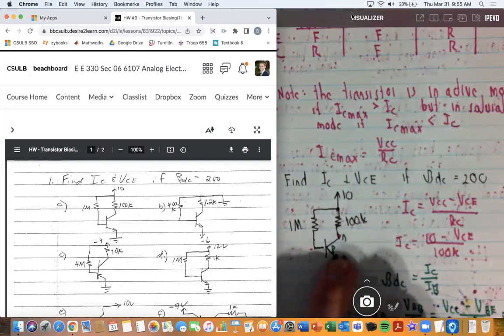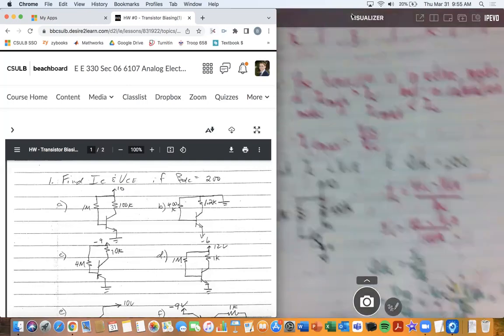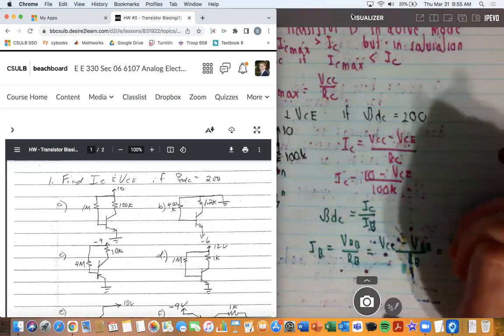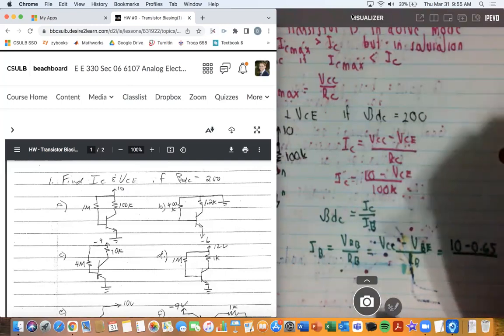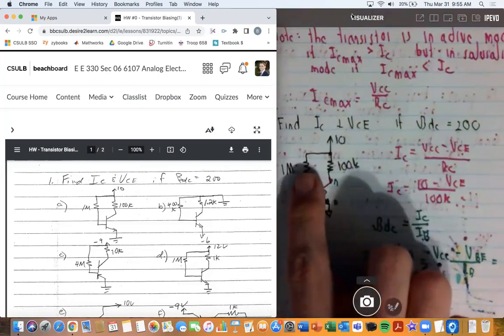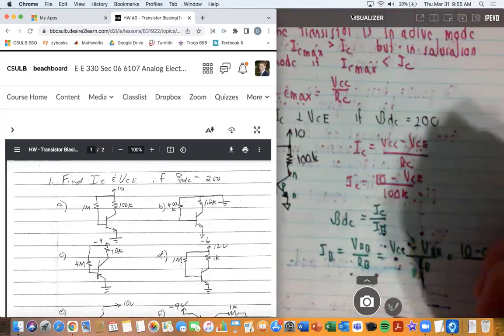There's a diode drop here, so it's going to be minus 0.65, all over the resistor of the base, which is right here. We see it is 1 mega ohm. And so that's why I'm going to write here 1 mega ohm.